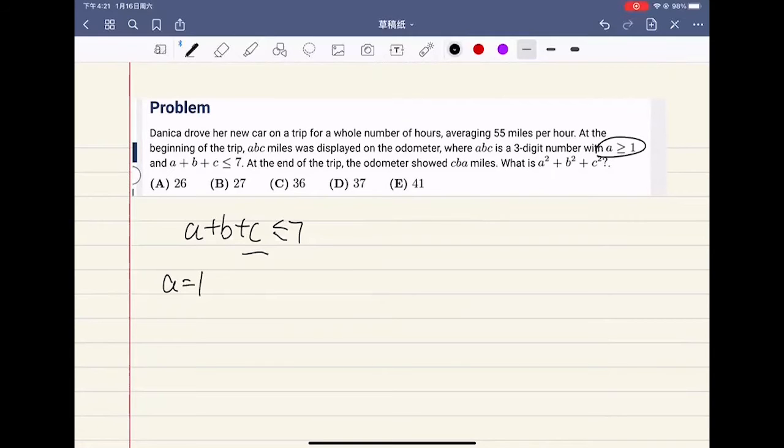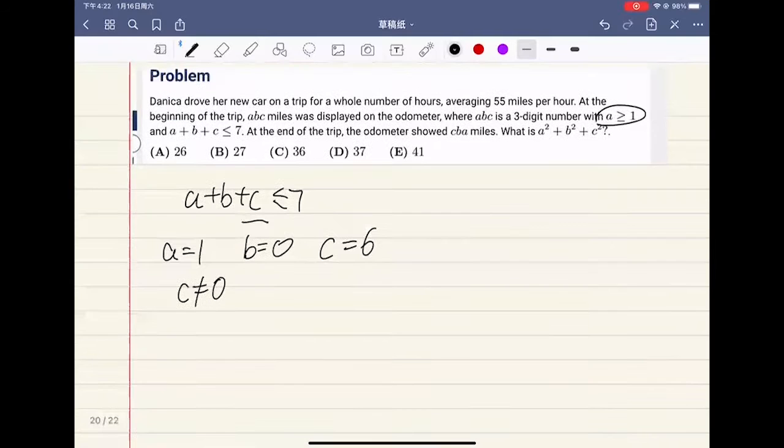Since they didn't talk about the B value, the lowest number B can have is B equals 0. So in this situation, the maximum value of C equals 6. And in the same way, we know C doesn't equal 0. And A, B, C are whole numbers.